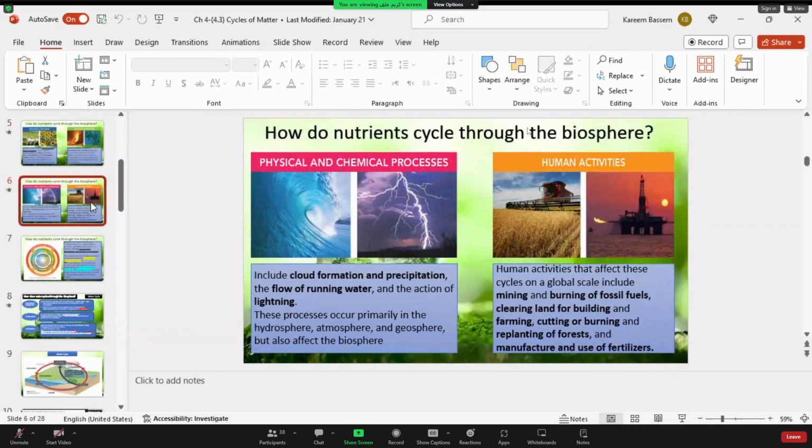And last but not least, the human activities. Any kind of activity by human beings, like burning of fossil fuel, even mining, digging, and drilling to get out the fossil fuels, forestation or deforestation.